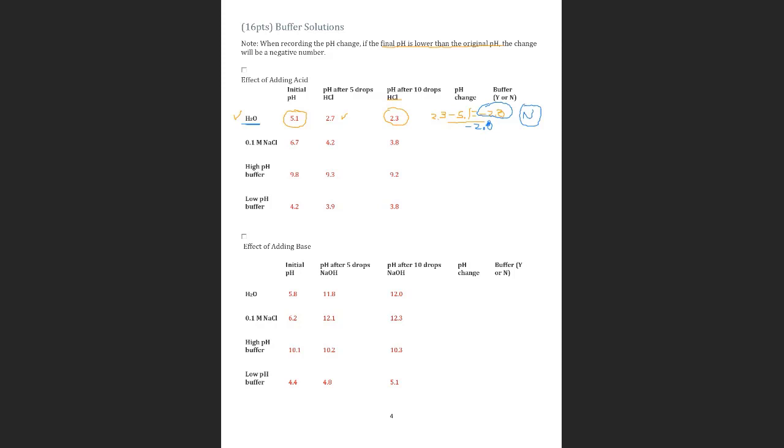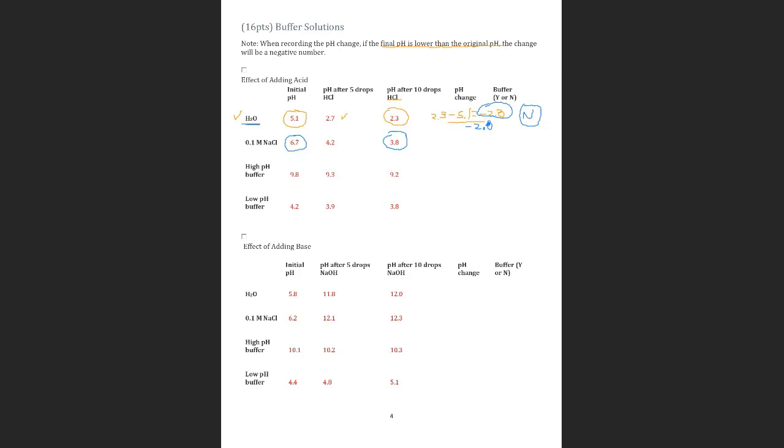Let's look at the second. But when you see a buffer and you add an acid and you add a base, the difference between the final and the initial pH does not change much. For example, the initial pH here of the solution of salt, sodium chloride, is 6.7.